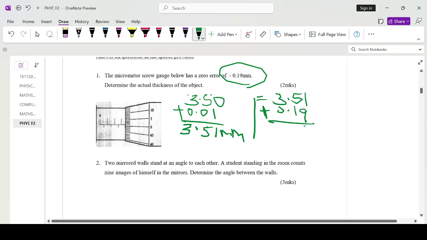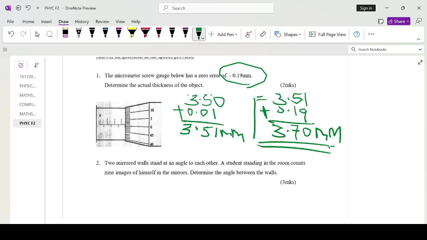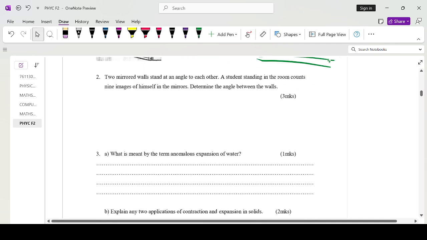When you do the addition, this is 0, carry 1, this is 7, then this is 3, that is 3.70 millimeters. 3.70 millimeters, and that is exactly what was required of us in that question.